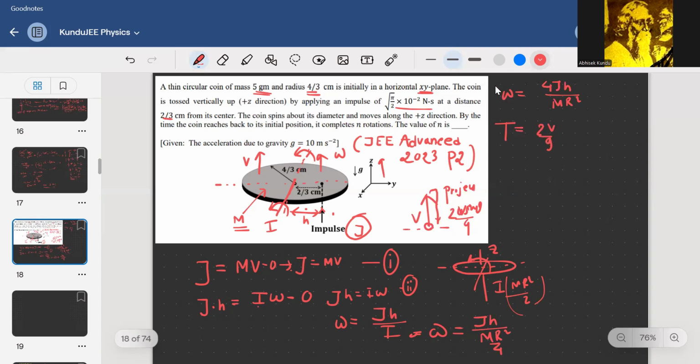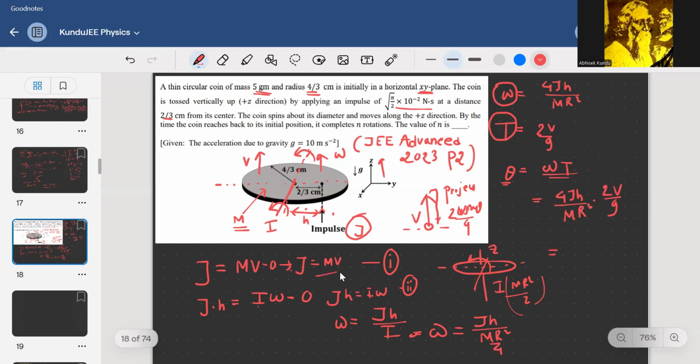So it is rotating with angular velocity omega for this much amount of time. So how much angle will it cover during the entire motion? Theta equal to omega into t. It is rotating with angular velocity omega for time t, so the angle it will cover is omega into t. We'll just put the values: omega is 4jh by m r square, and t is 2v by g. Now we'll put the value of v here.